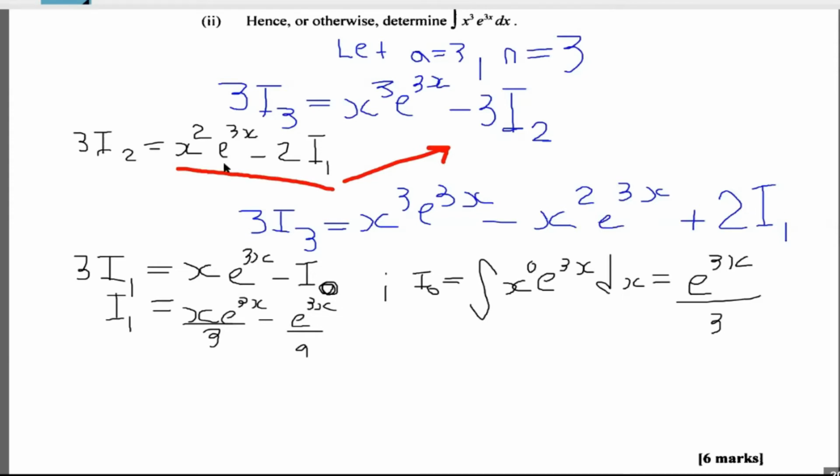So now for I1. So now we're almost finished. Come on, finish strong.